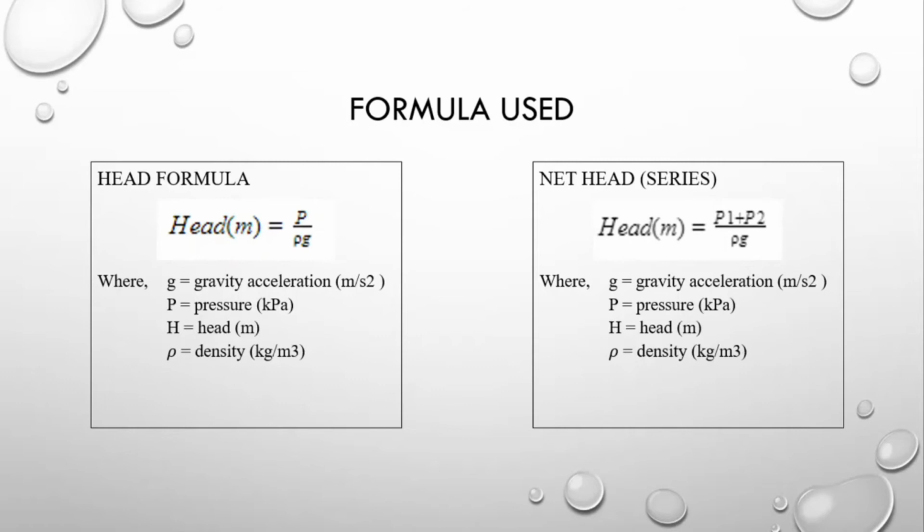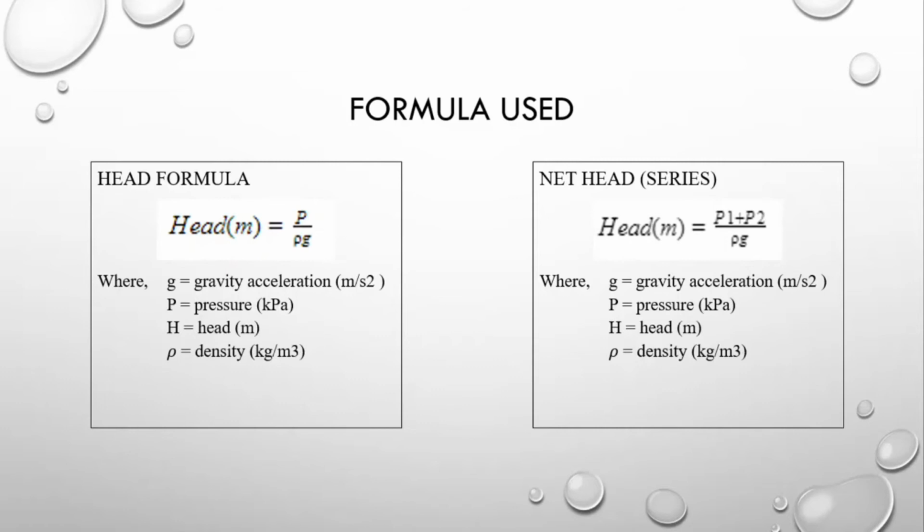In this calculation, we use data from the delivery pressure to obtain the net head in the experiment for the single pump. So this is the head formula for the single pump and the net head for the series.